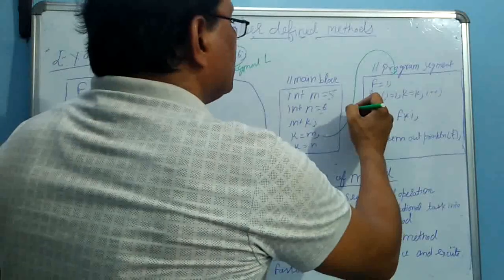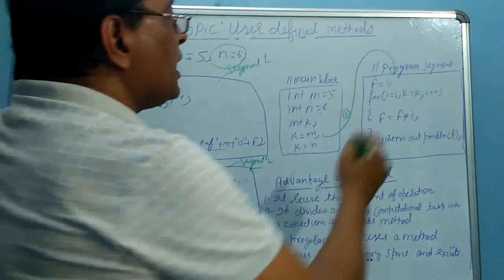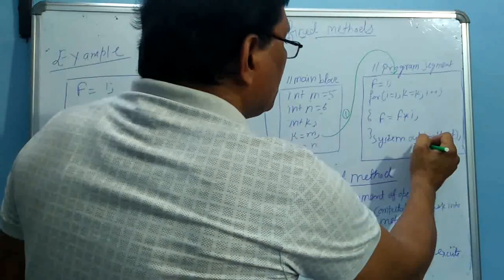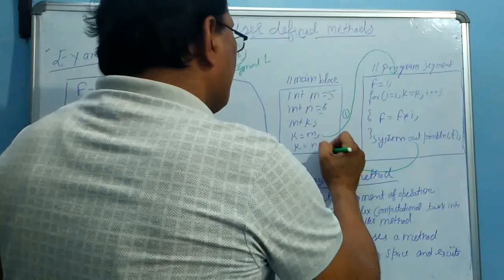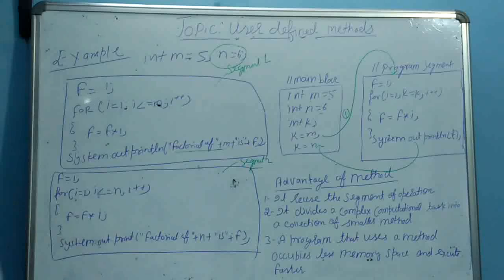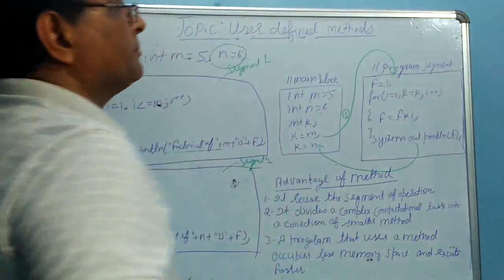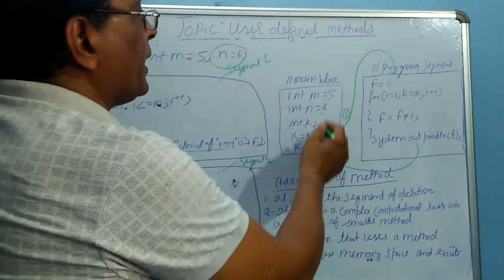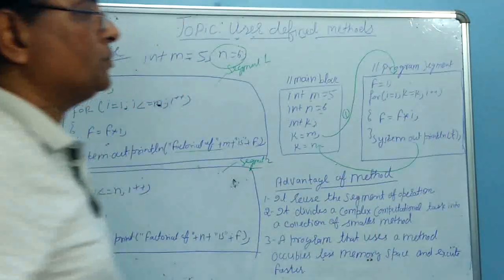Then you can say that is the 1. Then it will come again here in the main block for the calculation of n, because the value of n is stored into k.